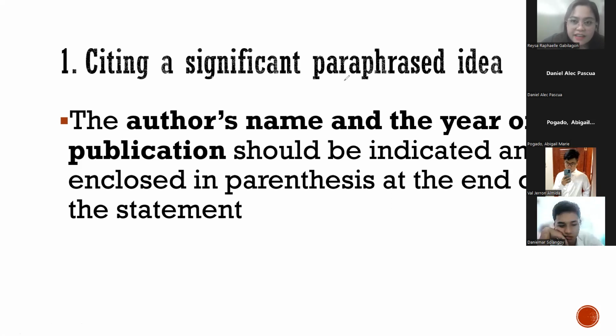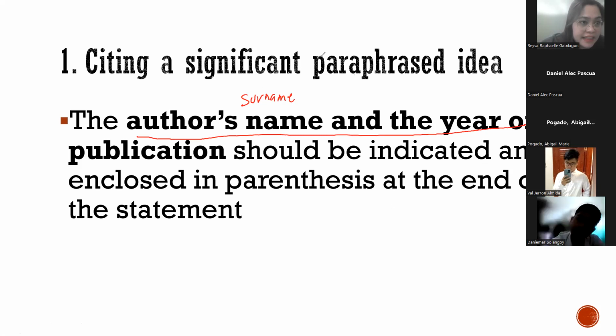Okay? Now again, if you take out an idea coming from a certain reference, you have to properly cite them. What do we need to include? Again, the author's name. Actually, this should be the surname only and the year of the publication. And we have to enclose that in an open and closed parenthesis. Written after the last word of the sentence, in between the last word and the period.